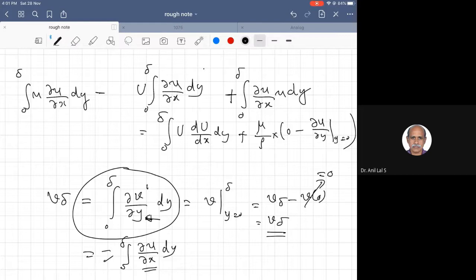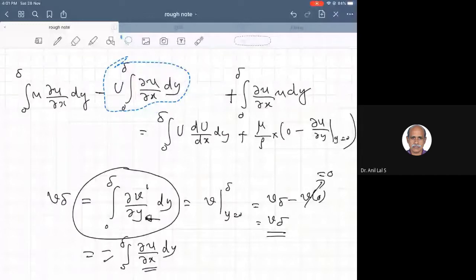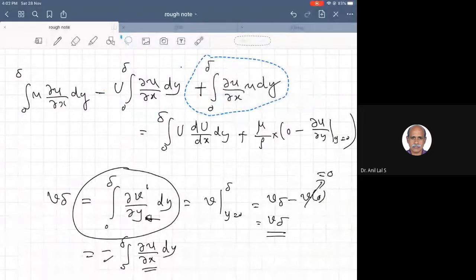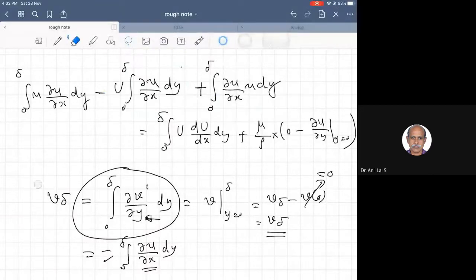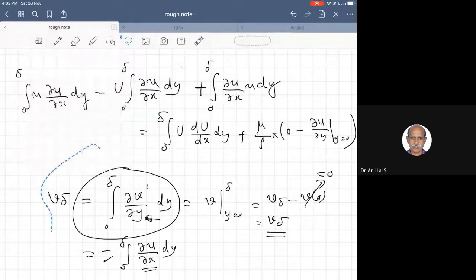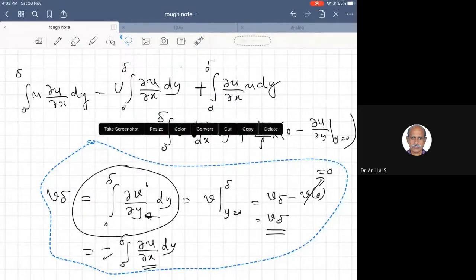I will shift this a little bit to this side, and we get into this kind of form. This is just a mathematical simplification, and thereby we get the momentum equation.